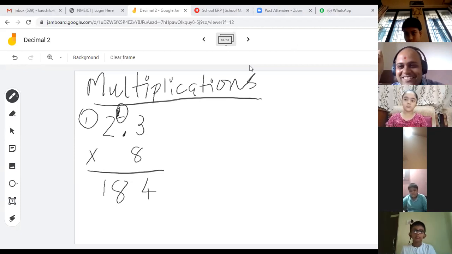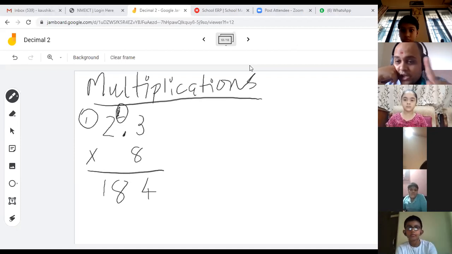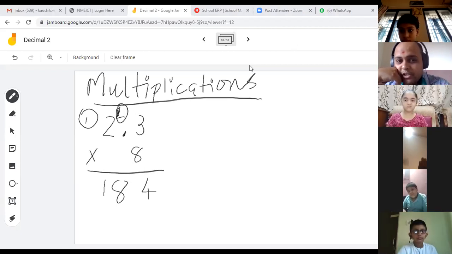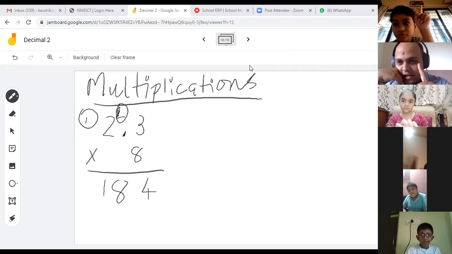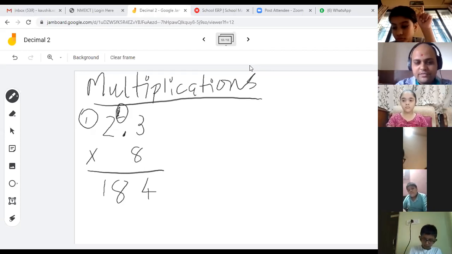Next step is to count the digits after the decimal point in the given sum. Dhwani, pay attention. How many digits are there here? Only 1. Correct, everyone? There is only 1 digit. So we count from the left.